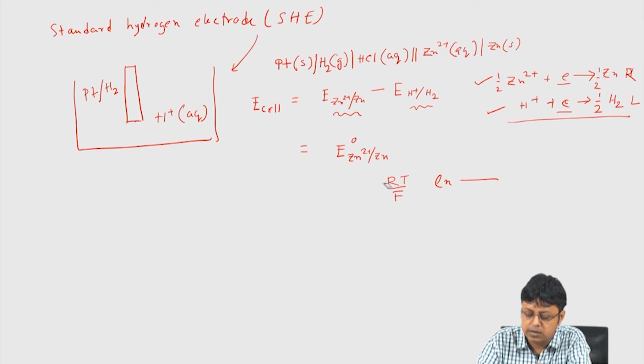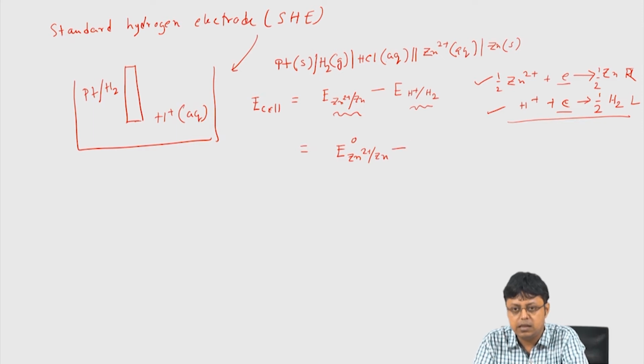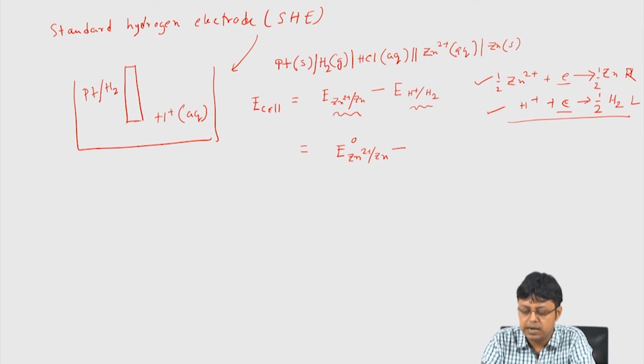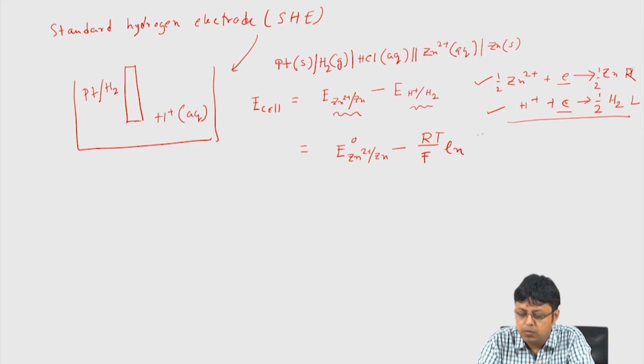So, first let us write the E cell for the half cell or the right cell. That will be nothing but R T by F and ln of the reaction quotient. Look at the reaction here. We have the activity of zinc, but the zinc activity will be 1 because it is a pure metal, and metals we always consider as a pure state.